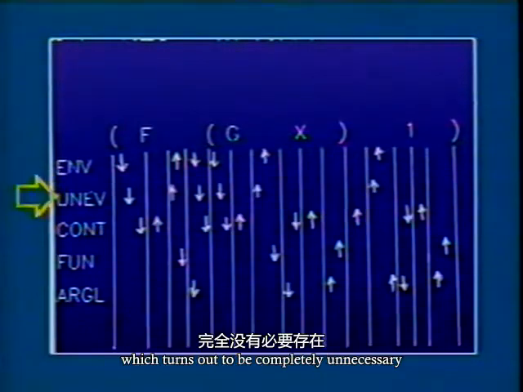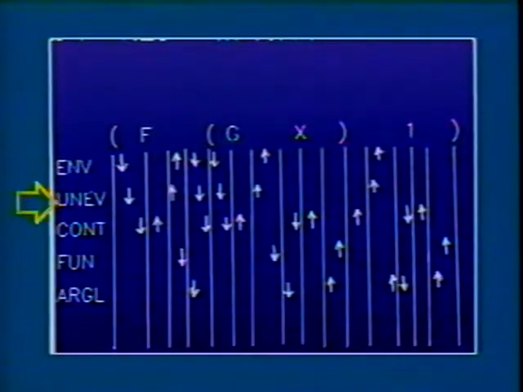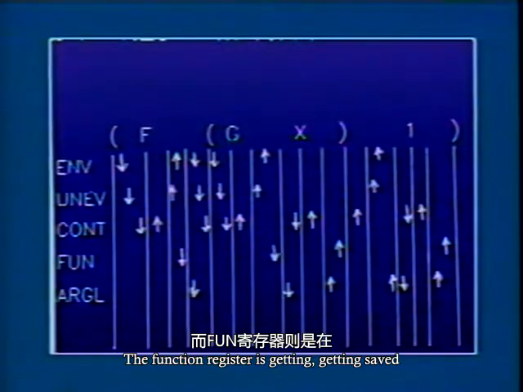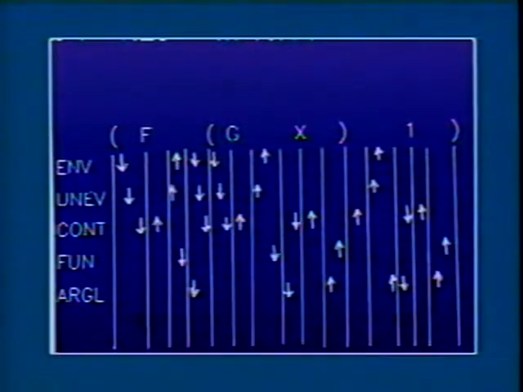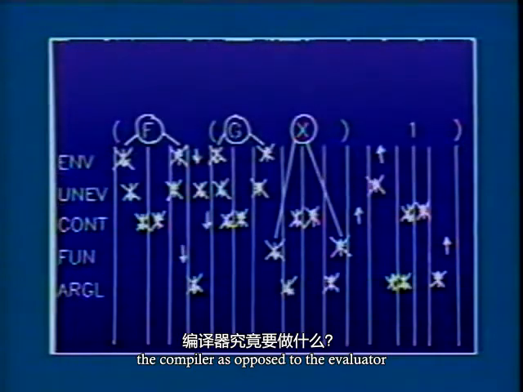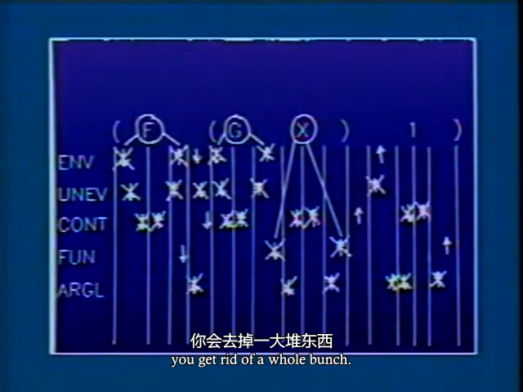There's unev here, which turns out to be completely unnecessary. Continue gets bumped around here. The function register is getting saved across the first operand, across the operands. All sorts of things are going on. But if you say, well, what of those really were the business of the compiler as opposed to the evaluator, you get rid of a whole bunch.